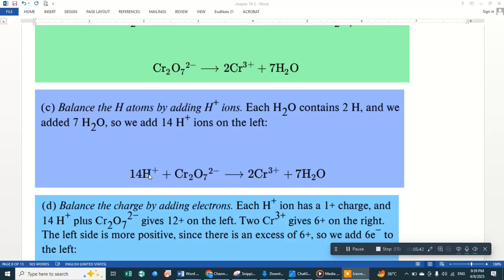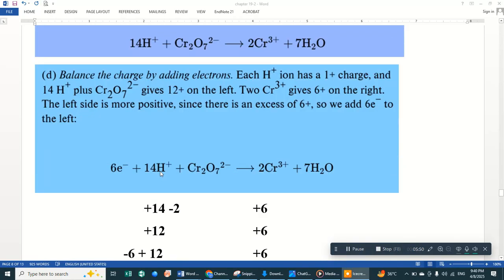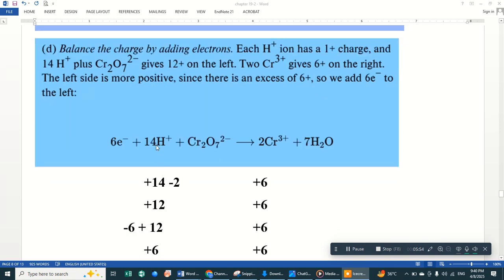After balancing the atoms in the half reaction, now we balance the charges on both sides. One hydrogen has a +1 charge, so 14 protons have +14 charge. Dichromate has a -2 charge.